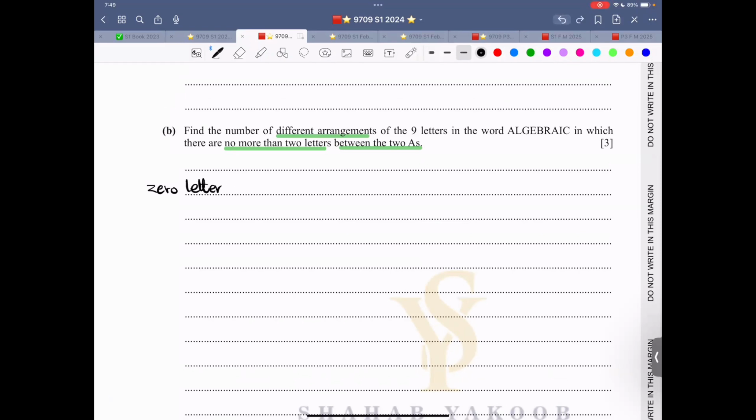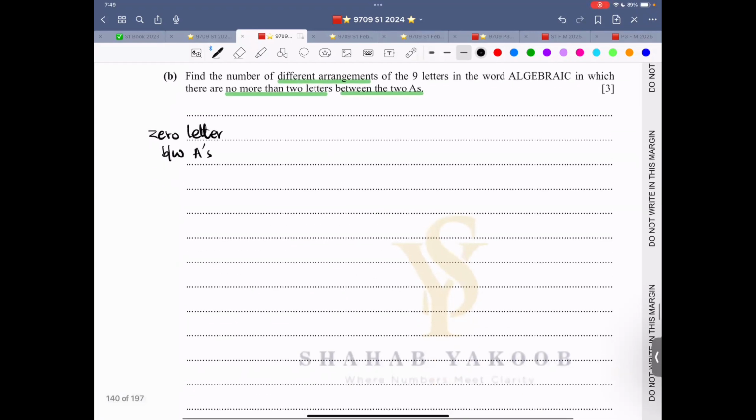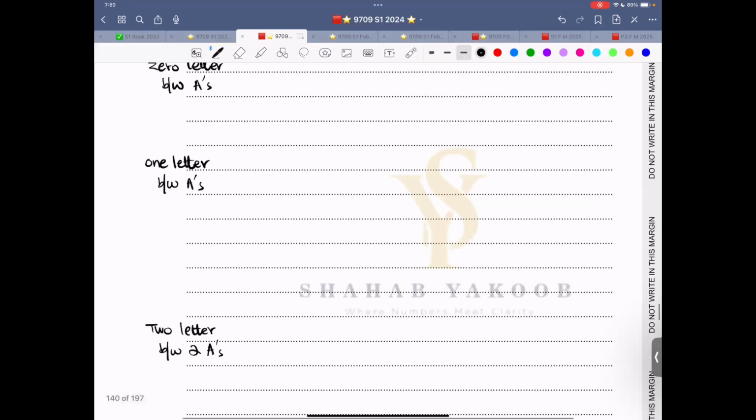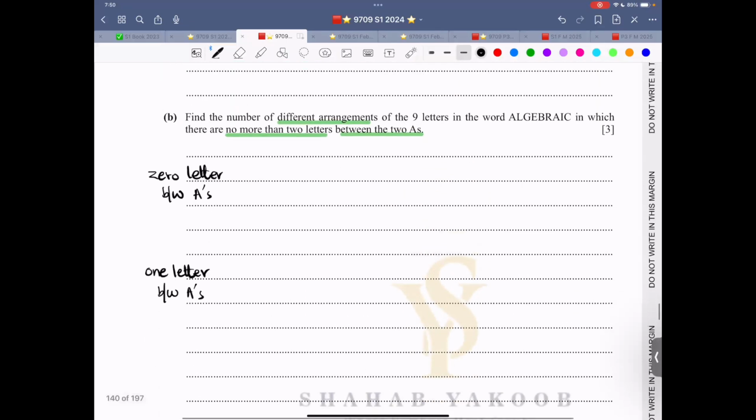I think letter is better. 0 letters between the A's. There is an option of 1 letter between the 2 A's. And maybe there are exactly 2 letters between the 2 A's. So there are many ways of doing this. I'll just do the one which I find the easiest.